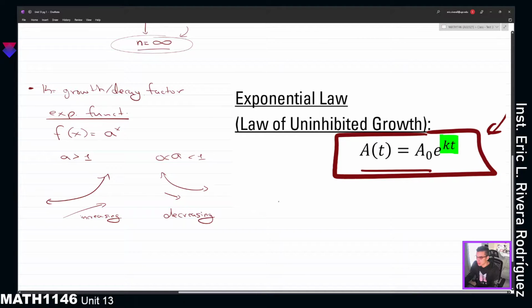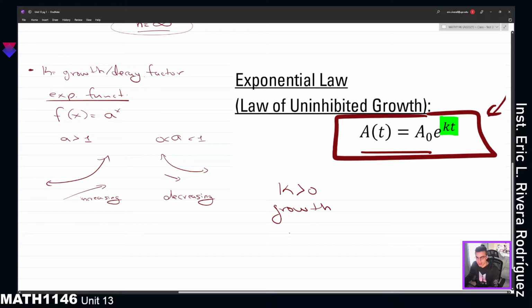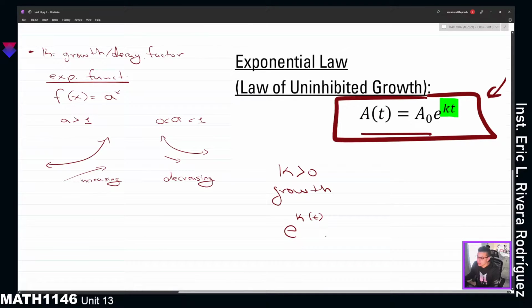All right, when k is greater than 0, which means k is positive, it means that we have a growth scenario, a growth situation. Why is that? You need to remember from the laws of exponents that e is a constant value, 2 point something, which is positive. So when k is positive, let's focus just on the exponential part here.